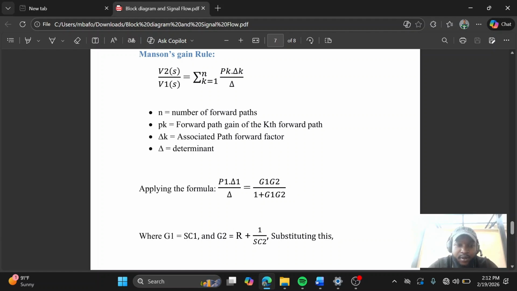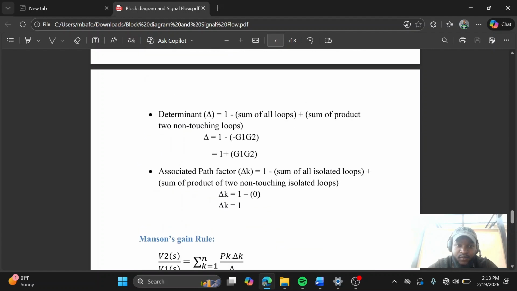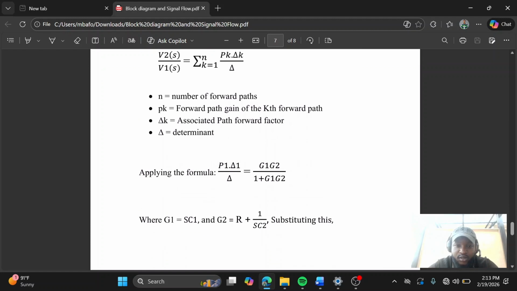So here we are applying the formula. P1 is G1 G2, and delta 1 has a value of 1, so just the P1 will show. So this is G1 G2, and this is the value of the determinant. So we have G1 G2 over 1 plus G1 G2.